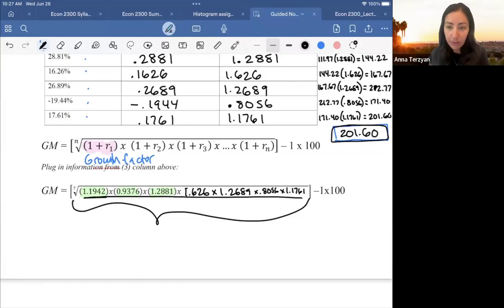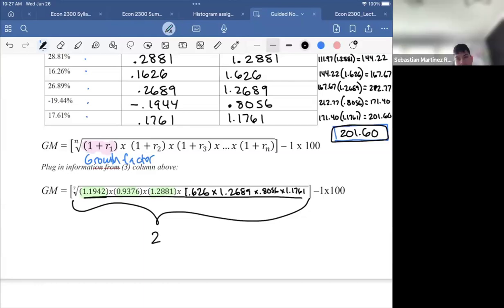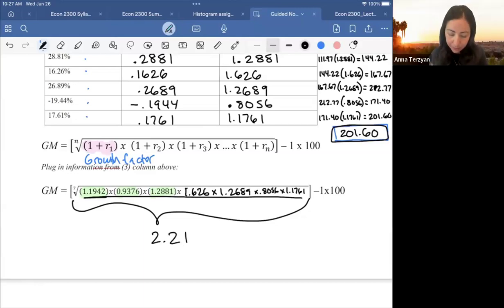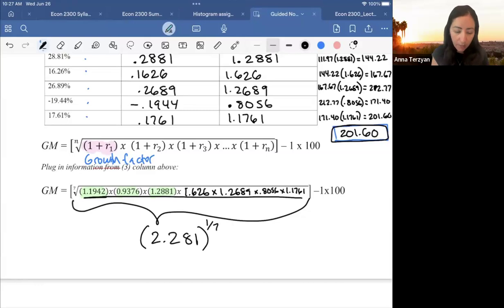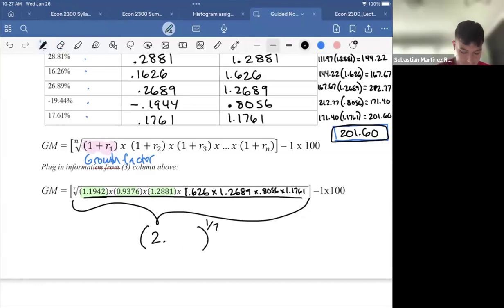Without the root, right? Just the multiplication? Yeah, just the multiplication. 2.81. Okay. So now what you're going to do is take this number, 2.81, sorry, and raise it to the 1/7.